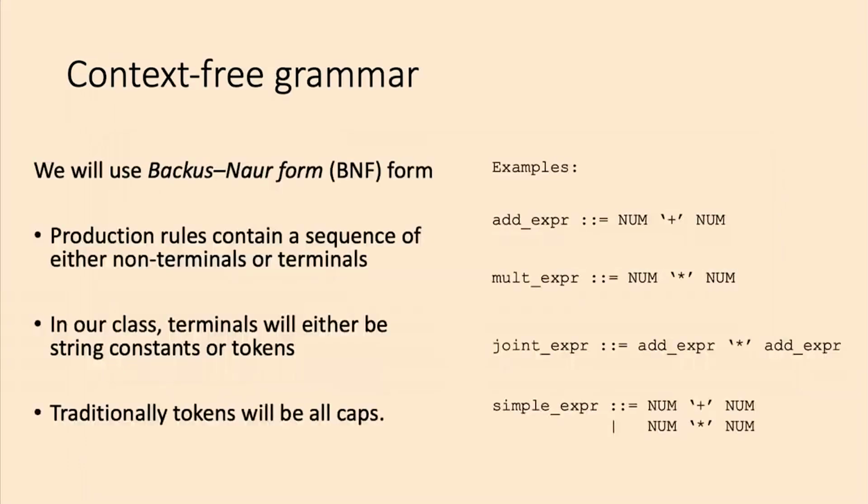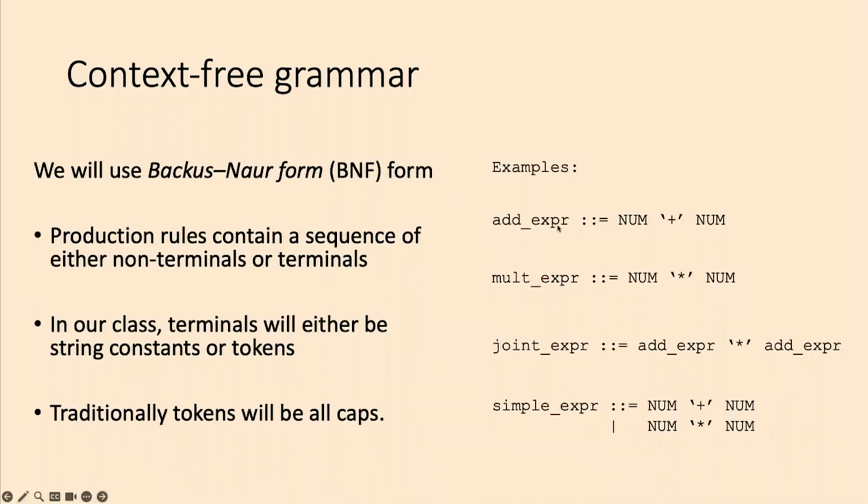So it looks kind of like code. Remember, we did some of these examples. We're going to use BNF form, which stands for Backus-Naur form. These production rules contain a sequence of either non-terminals or terminals. Non-terminals are like your program variables. You, as the grammar writer, can make as many of them as you want, just make sure they have unique names. For example, we have add expr.